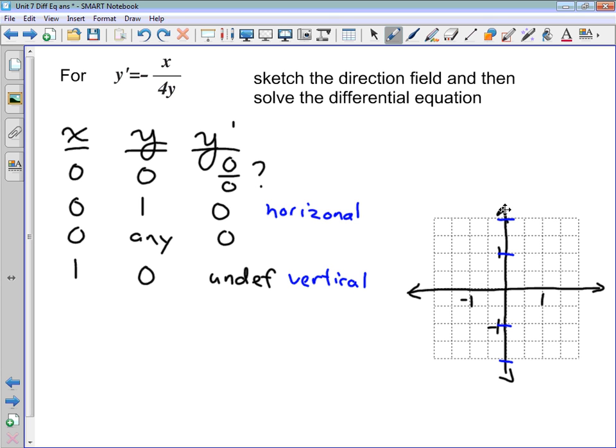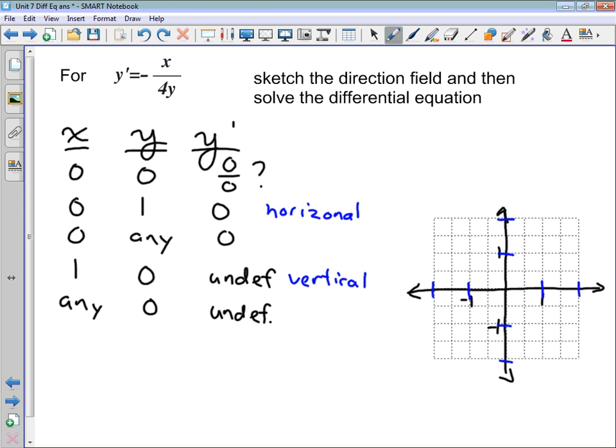So if we choose anything at all for x and y is 0, we are going to get something that is undefined. So anywhere along this x-axis, we are going to get vertical slopes.